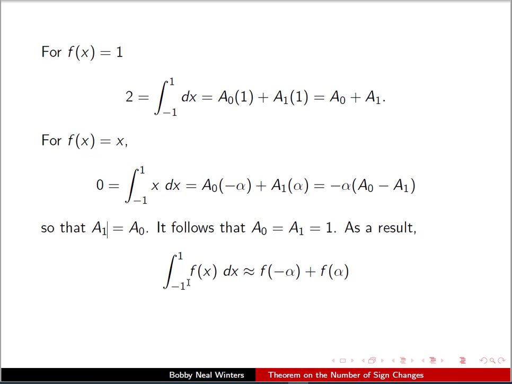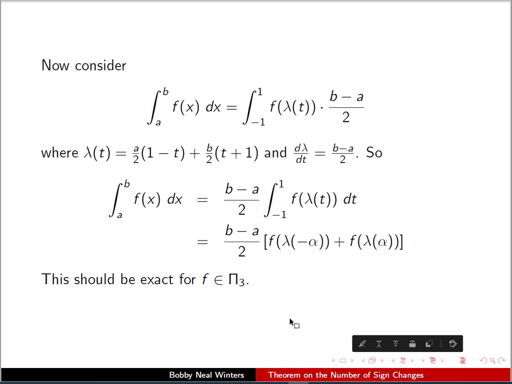Therefore, I can integrate my function just by evaluating f at negative alpha and at alpha. I mean, how much easier could it be than this? Because the coefficients turn out to be equal to 1.